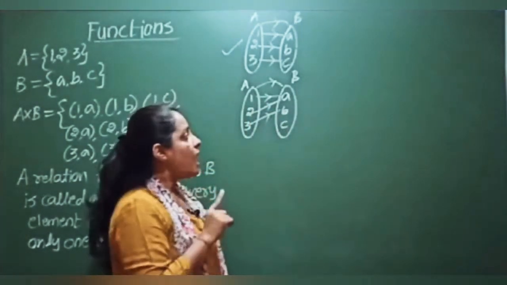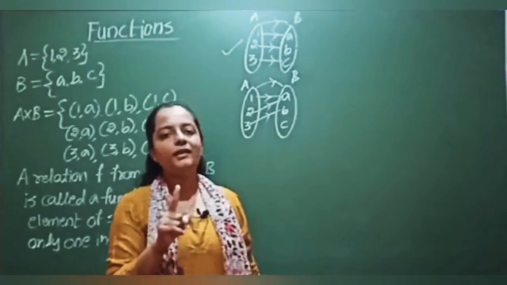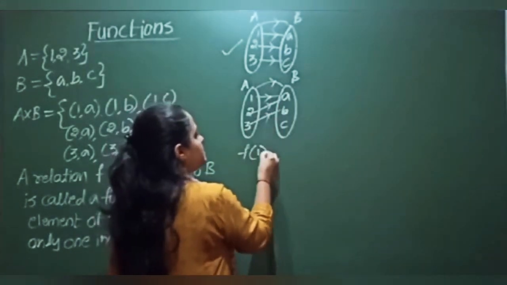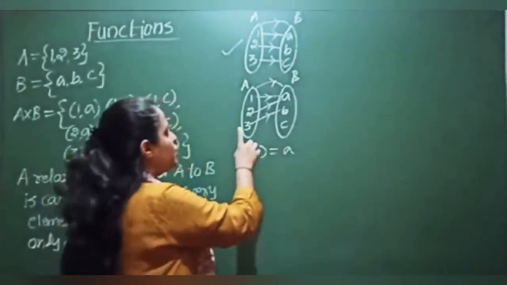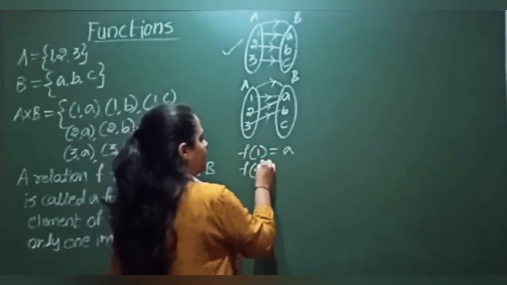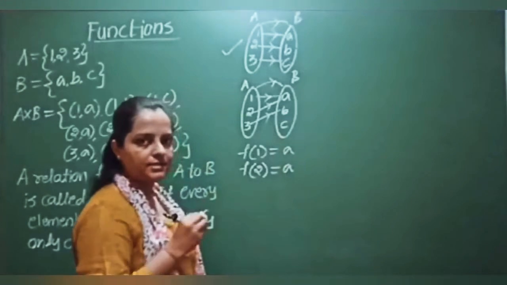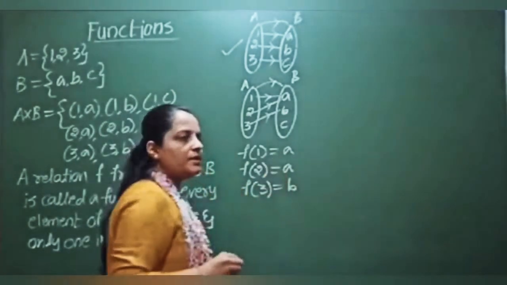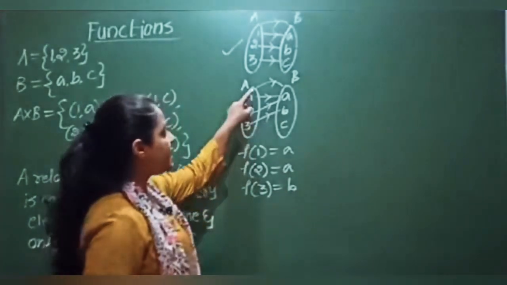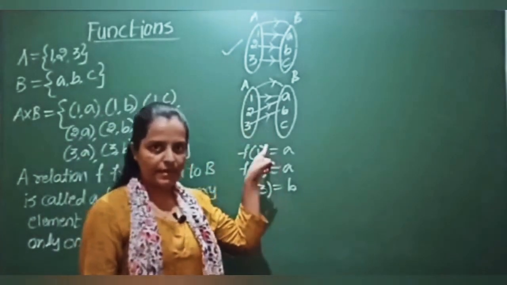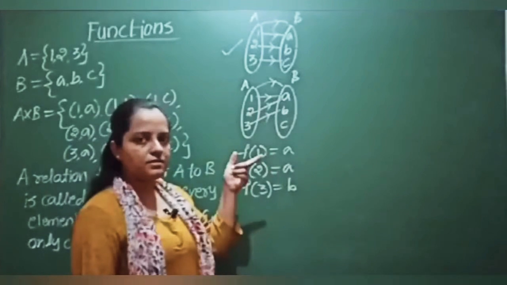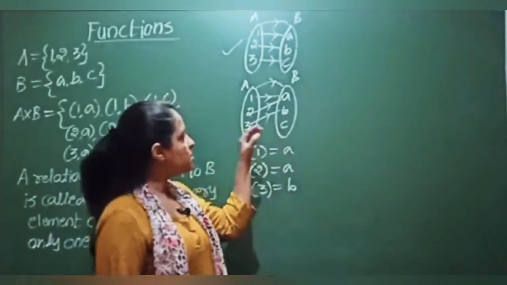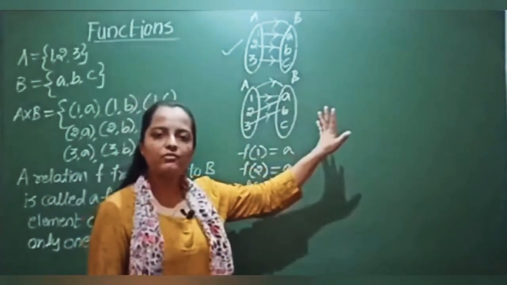Now the second condition: each should have only one image. 1 has one image, A. 2 also has one image, A. 3 also has one image, B. Each and every element of set A has an image, and that too a single image. It is possible that two elements have the same image, or even that all the elements of set A have the same image.